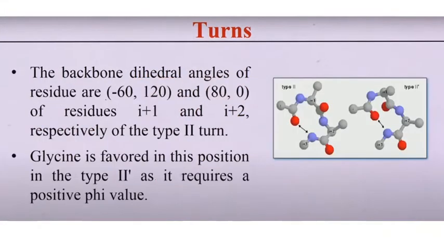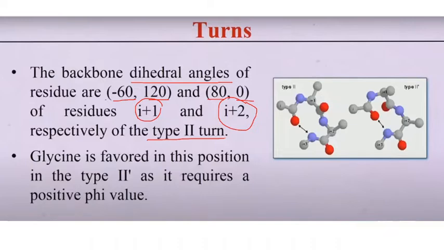Okay. The backbone dihedral angles of residue I plus 1 and I plus 2 being -60, 120 and 80, 0 respectively form a type 2 turn. Okay, there are three turns.